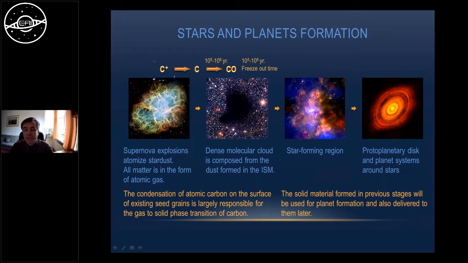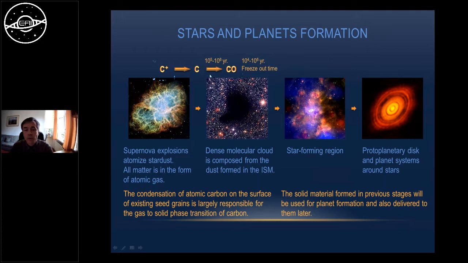And when the condensation starts, this ion gas could be quite quickly neutralized, and we have the formation of carbon atoms. But after this, we have two possible pathways.